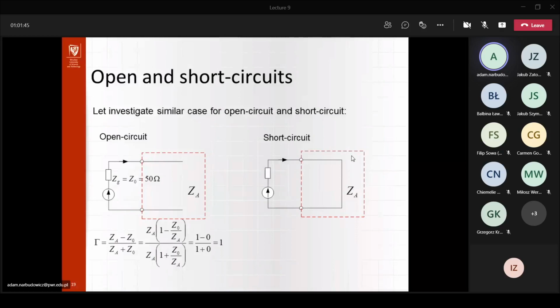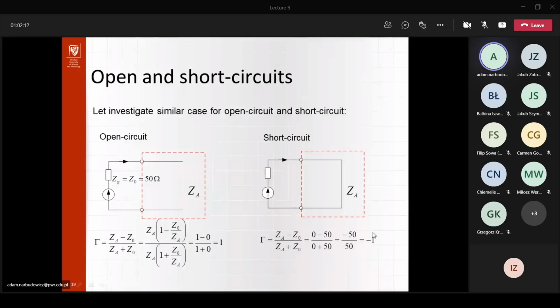With a short circuit, the impedance is actually 0, because we simply assume there's a connection between those two points with no resistance. That changes our calculation a little bit. So we have ZA minus Z0, 0 minus 50, divided by 0 plus 50. In that case, we also get the amplitude 1, however, with the minus sign.